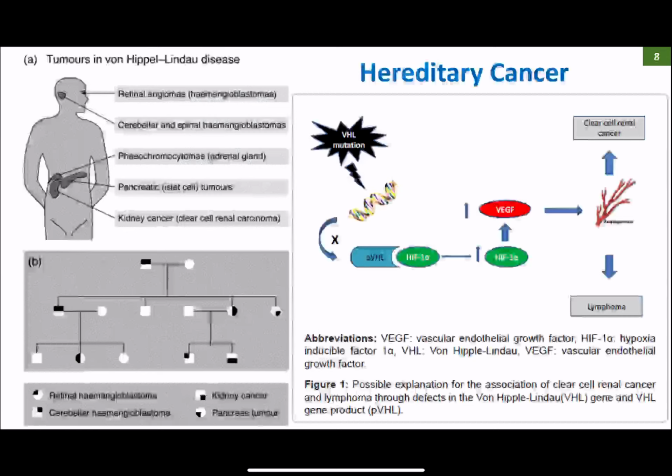One has retinal hemangioblastoma, another has cerebellar hemangioblastoma, kidney cancer, and pancreatic cancer. Sometimes the same person may have two different types of cancer. So this is due to this pathway controlled by VHL, which is vascular endothelial growth factor.